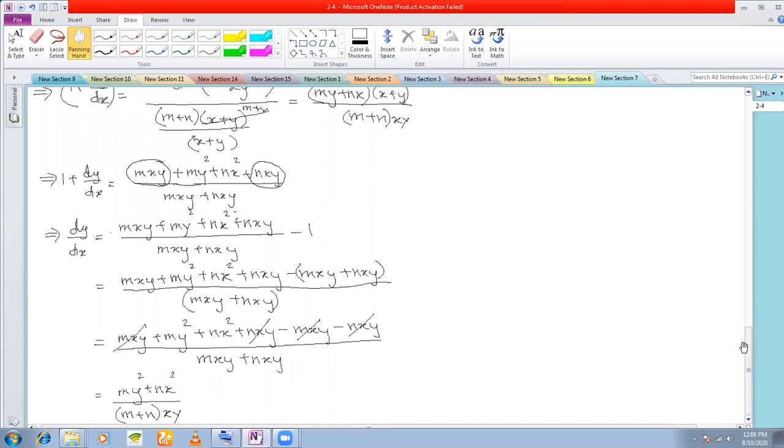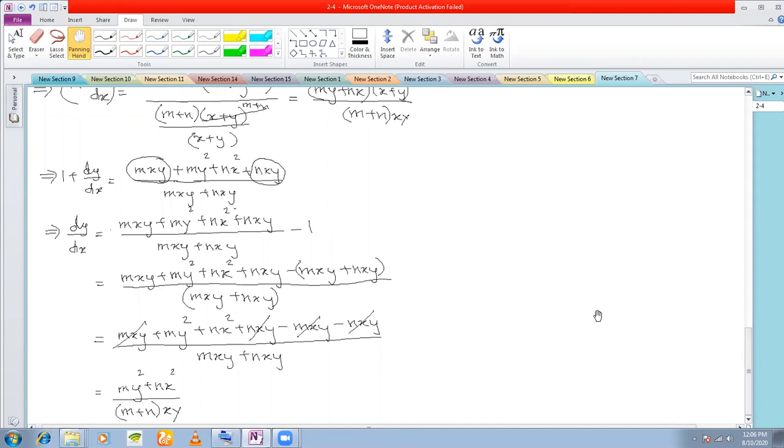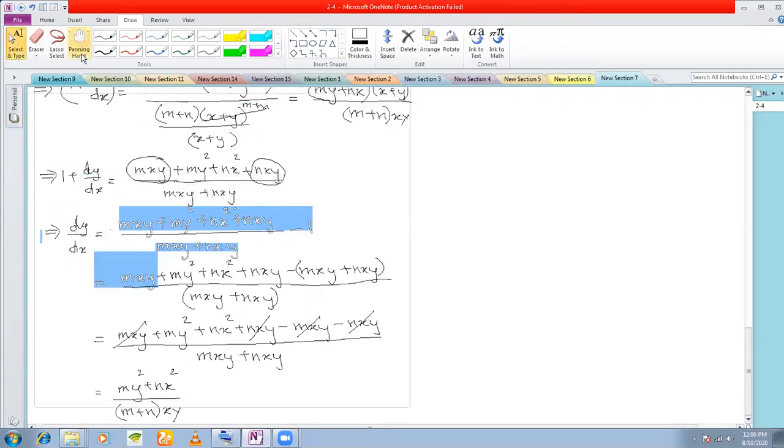And mxy plus my square plus nxy minus 1. This is okay. And mxy plus nxy minus mxy plus nxy both cancel. I get my square plus nx square divided by mxy. This is okay. And dy/dx is okay. No problem.